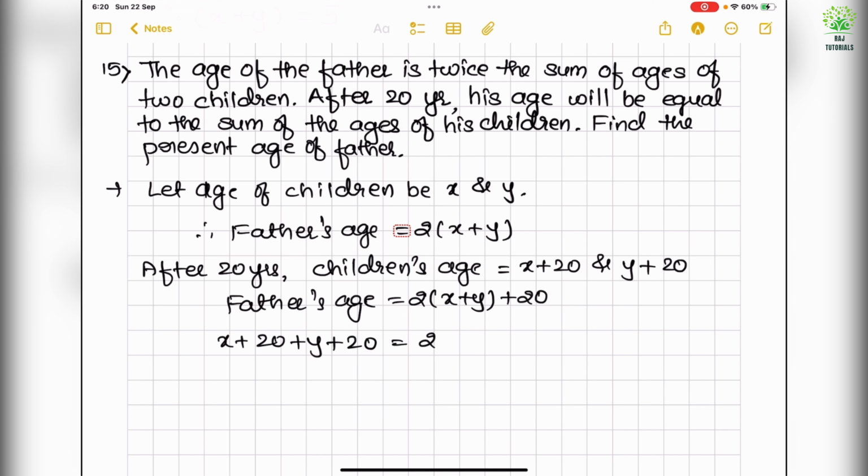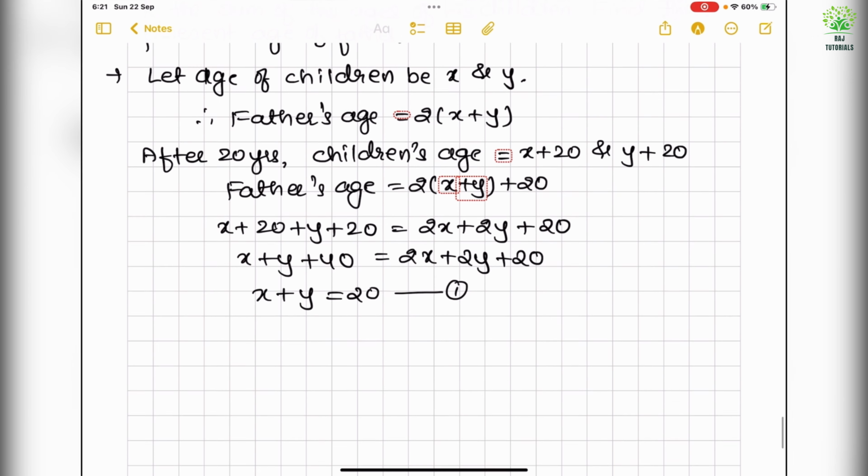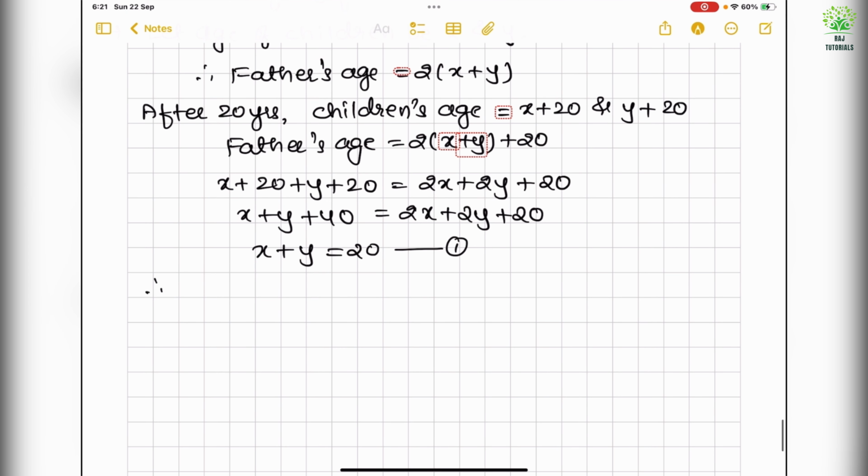So, therefore, we can say x plus 20 plus y plus 20 equal to 2x plus 2y plus 20. So, I can say x plus y plus 40 equal to 2x plus 2y plus 20. So, x plus y equal to 20. So, now I got this as first equation.